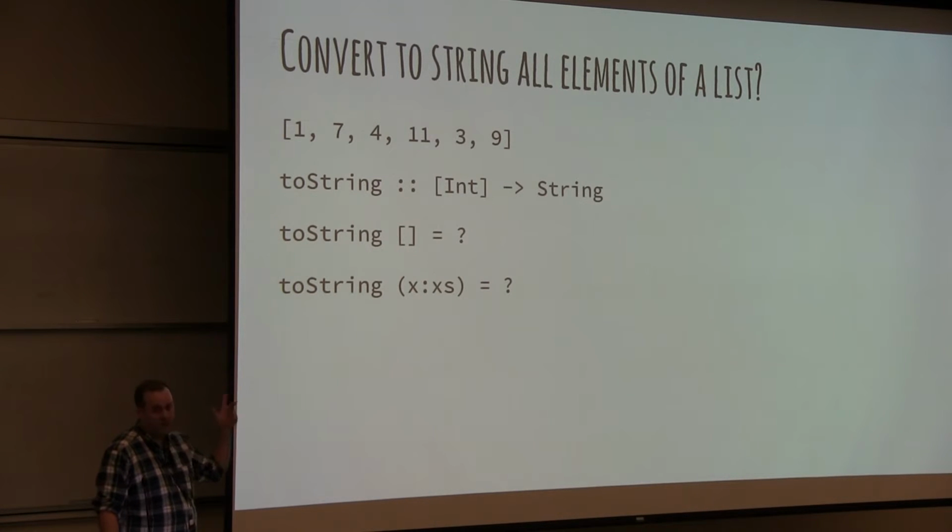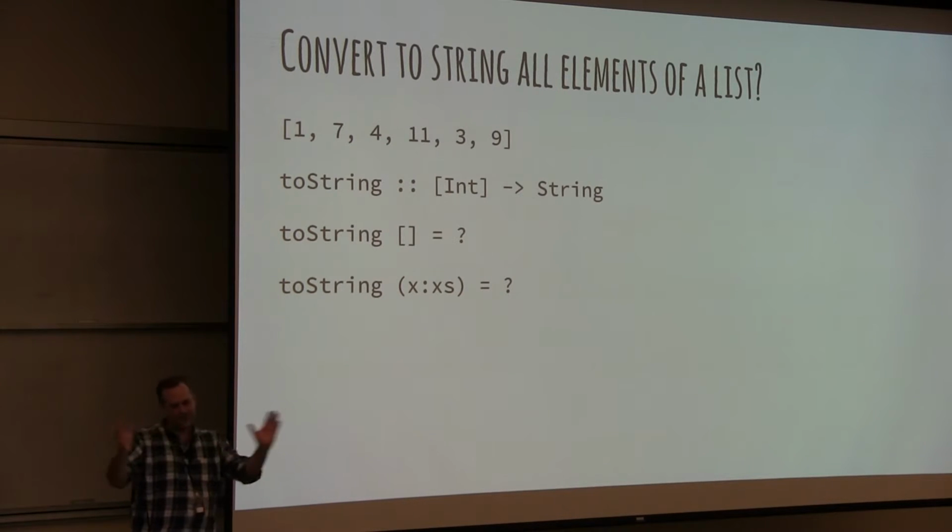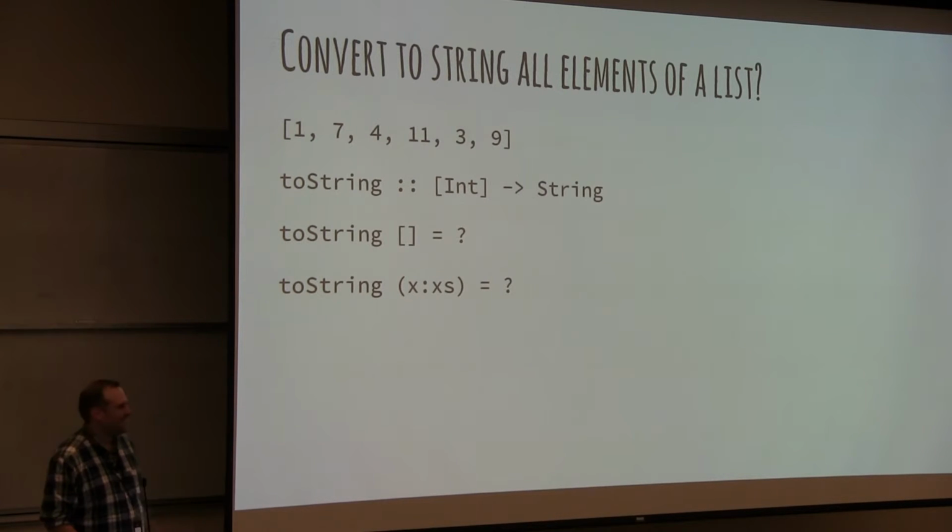Again, we do the same with decomposing. In the two options of the pattern, we have the empty case and the case of the head of the list with the rest. Does anybody know what to put in the first case? Oh, do you want the square brackets in the... No, just all the values mashed together in one string.